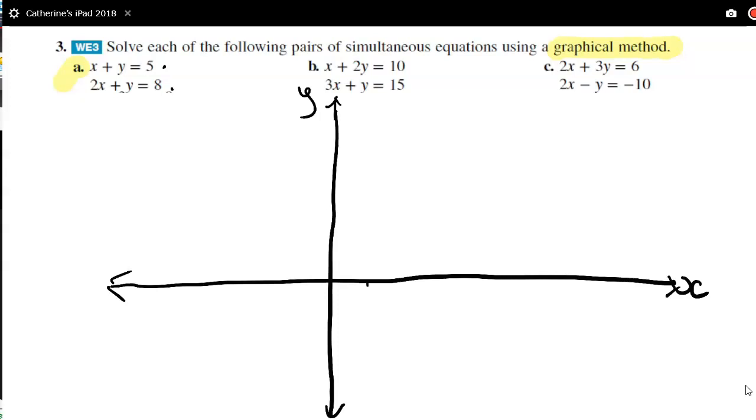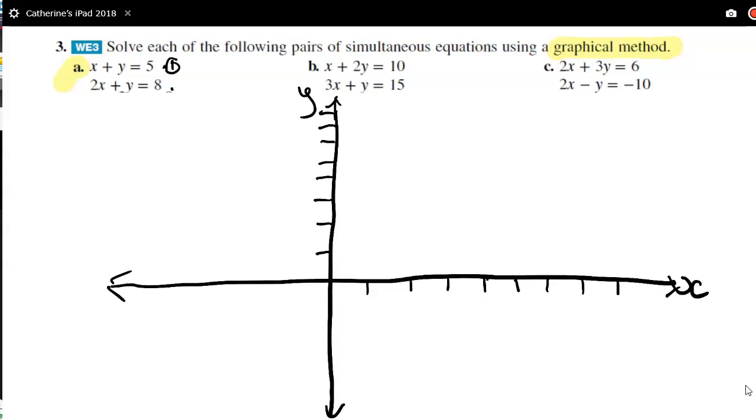I'm trying to make them roughly equal. I don't think I've done very well. So this one, equation 1, I might actually do in a different colour.